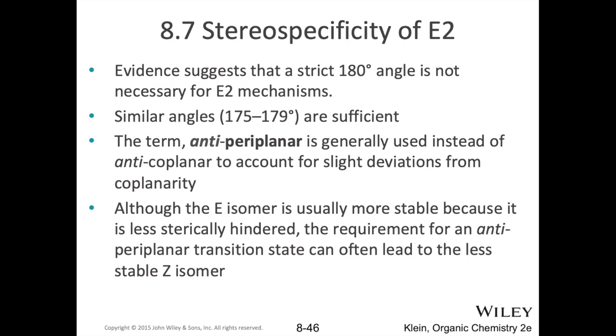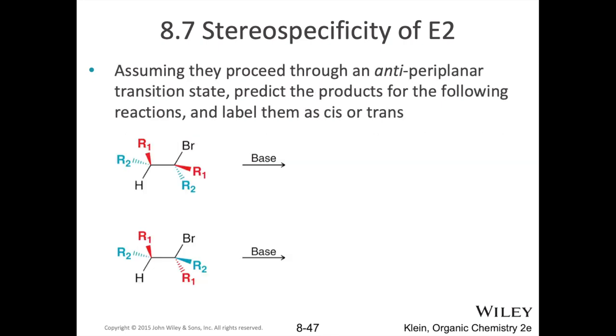Okay, so the key is, it's more important to have that anti-periplanar transition state than it is to have a trans or E product. So with that in mind, have a look at these examples here, right?